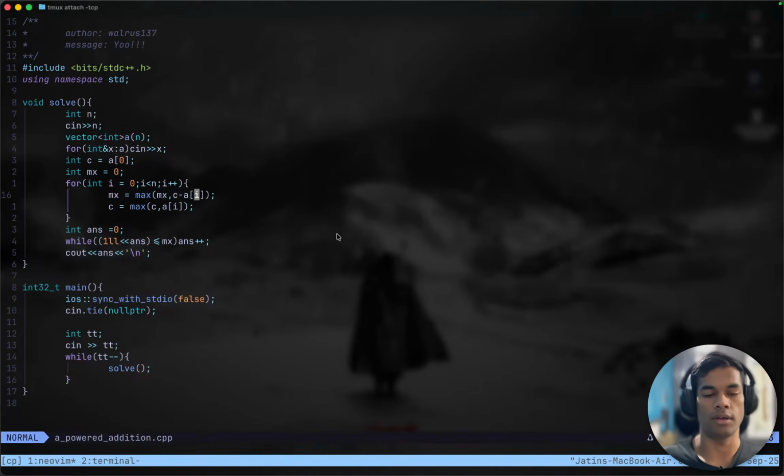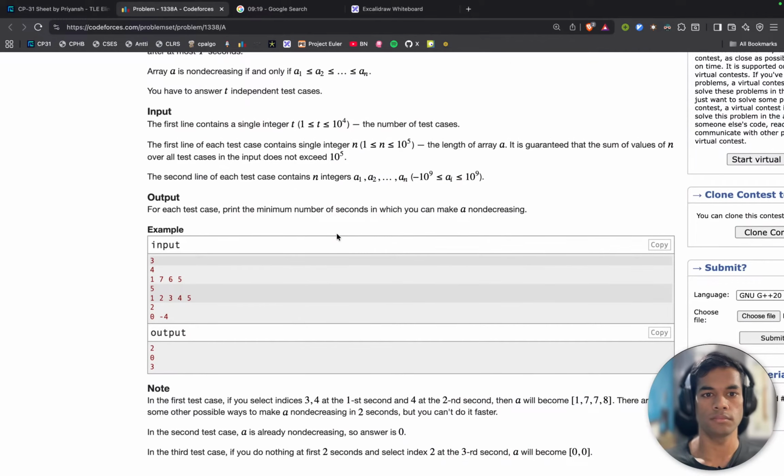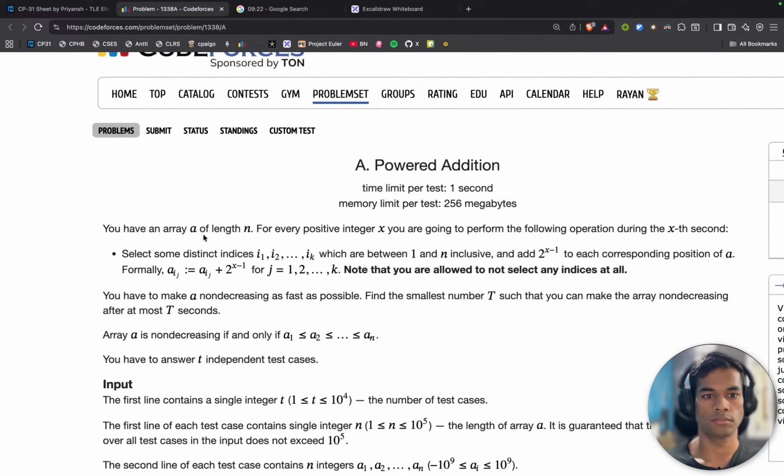And then wait, for every positive integer x, you are going to perform the following operation during the xth second. These indices, note you are allowed to not select any indices at all. Okay, I can select any indices, so that is fine.